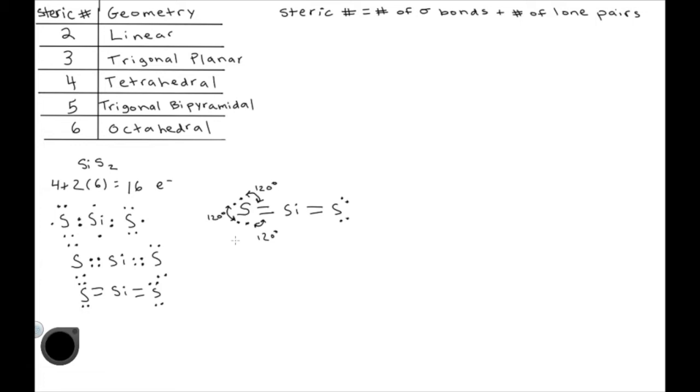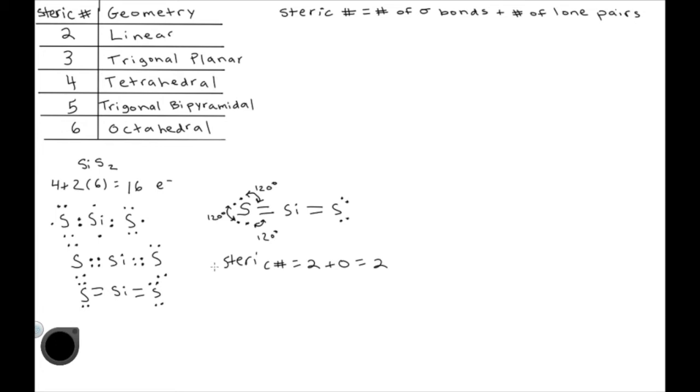Since it has 2 sigma bonds and no lone pairs. So the steric number for the central atom silicon is going to be 2 sigma bonds plus 0 lone pairs, which is equal to 2.